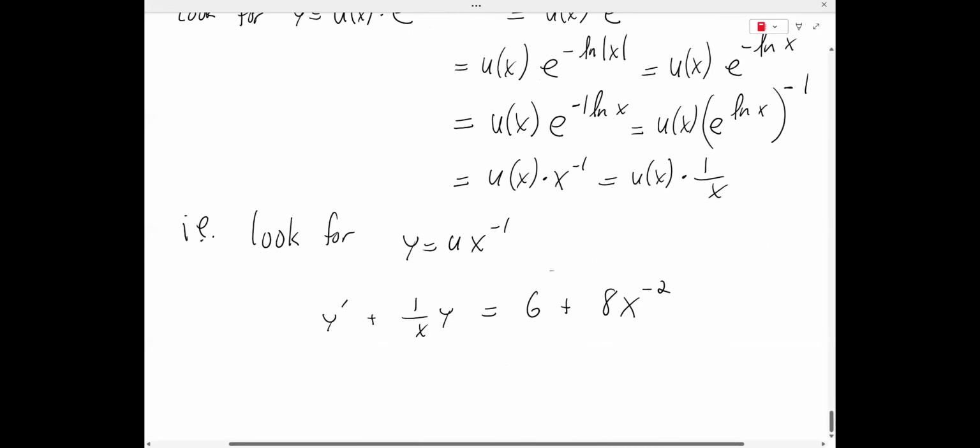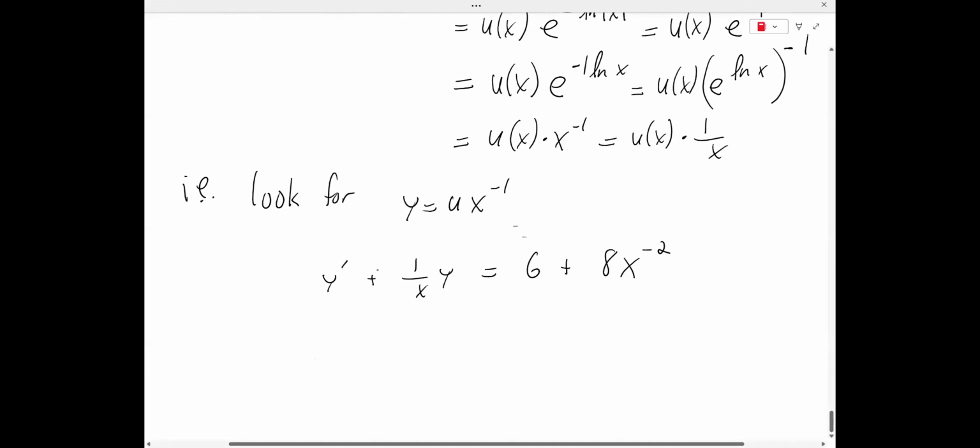Just recalling what it was. If you're looking for solutions like this, what you want to do is take this and substitute that into here. First you have to find y prime, which is like dy dx. If I substitute in, now y prime, what would that be?